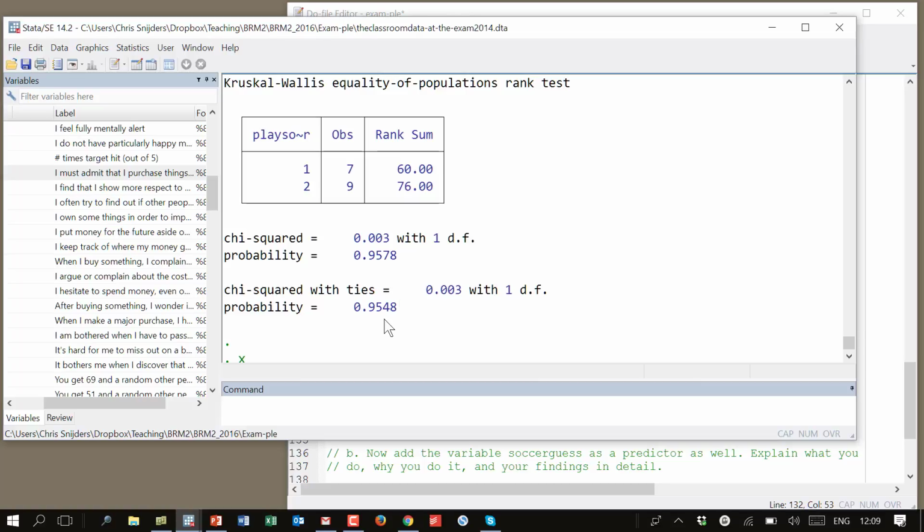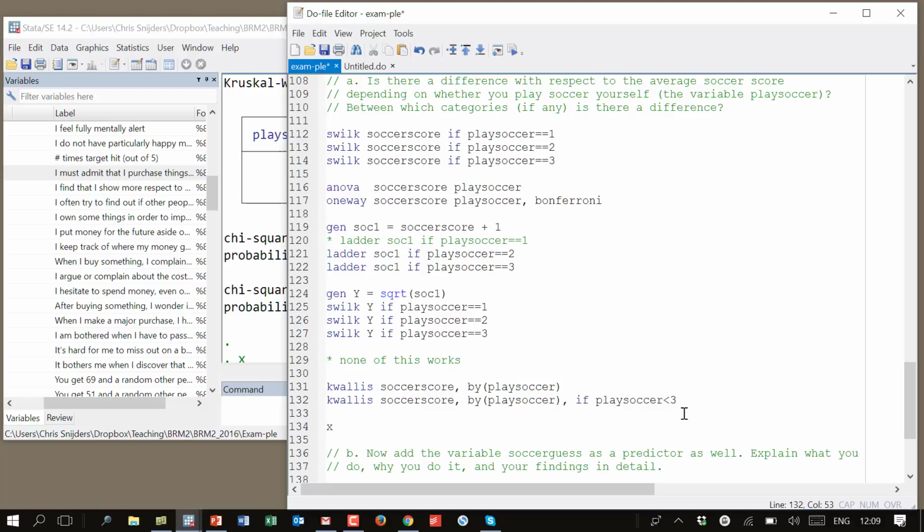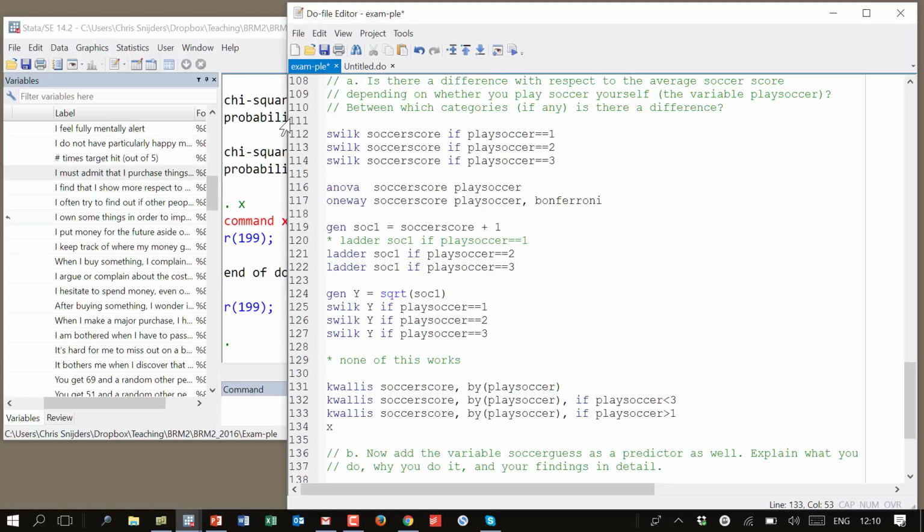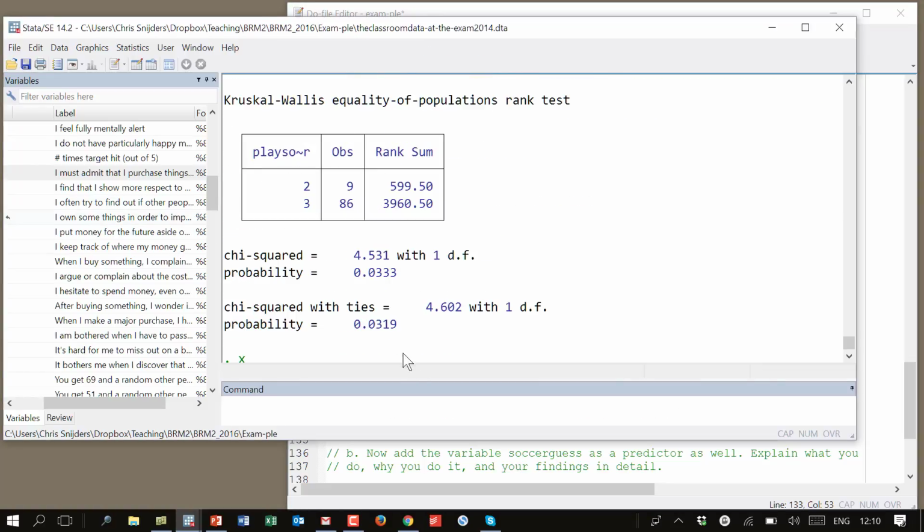So there is no reason to assume a difference here between 1 and 2. Let's try one other one. This is between 2 and 3. And here we do see a significant difference.